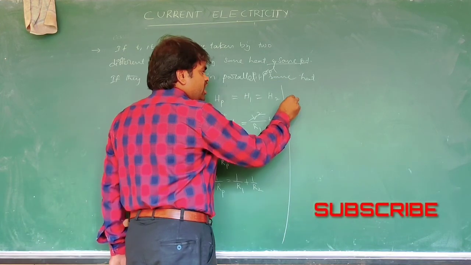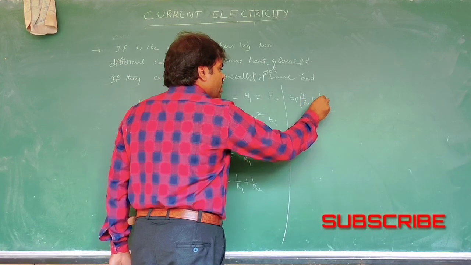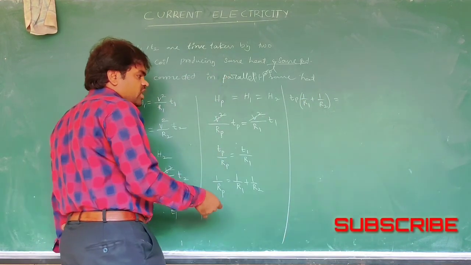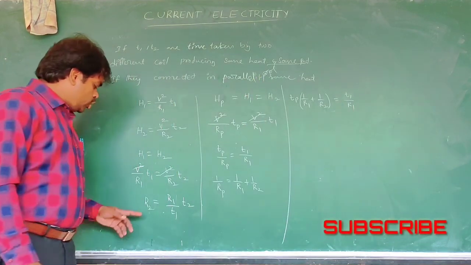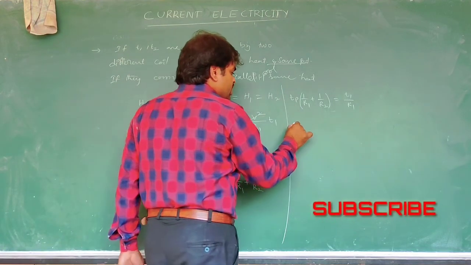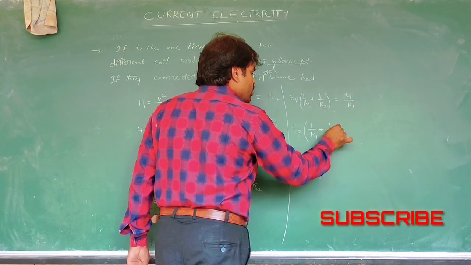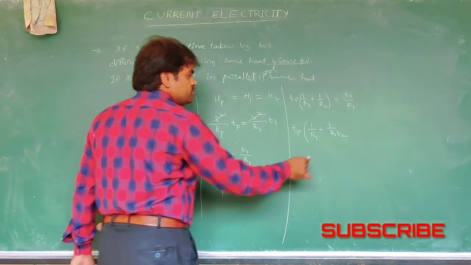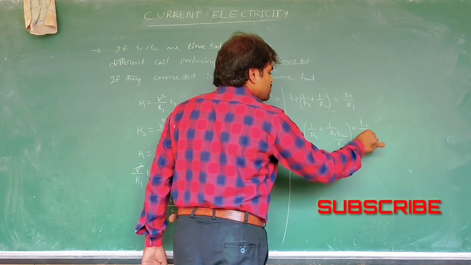TP into 1 by R1 plus 1 by R2 is equal to T1 by R1. Here the R2 value is substituted, so TP into 1 by R1 plus 1 by R1 T2 by T1 is equal to T1 by R1.